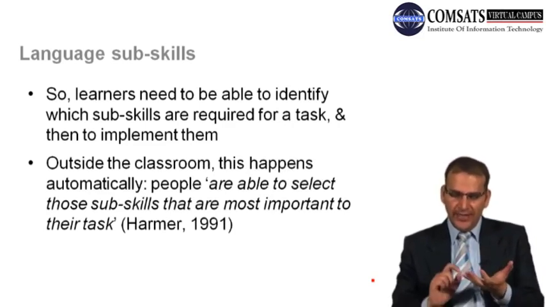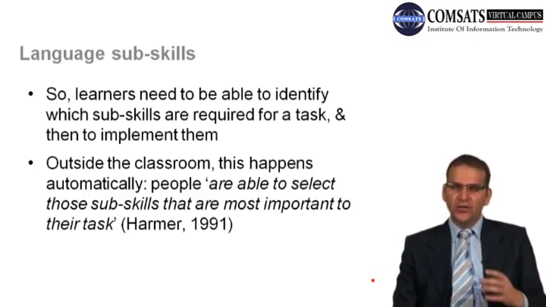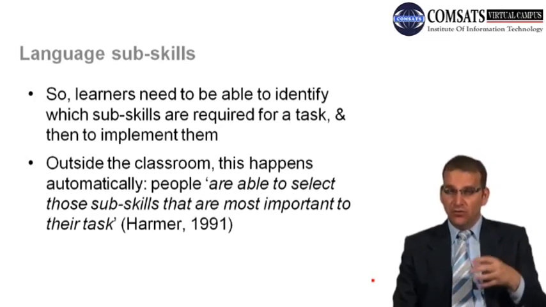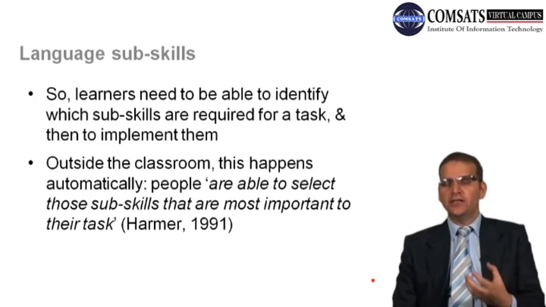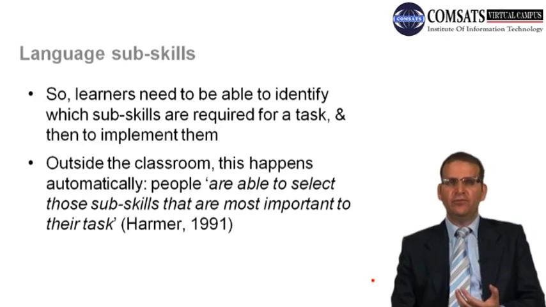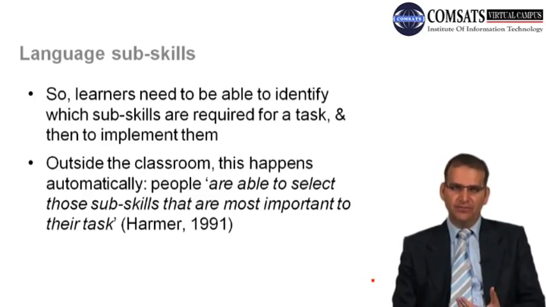People are able to select those sub-skills that are most important to their task. So here, as teachers of the skill, you need to understand. These days, there are lots of schools of business, schools of economics and other subjects. They incorporate English as a compulsory subject. And over there, if you have to teach communication skills, reading skills, writing skills, you must consider which sub-skills are to be incorporated.